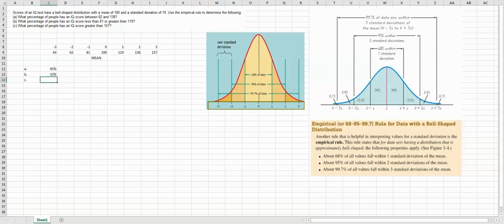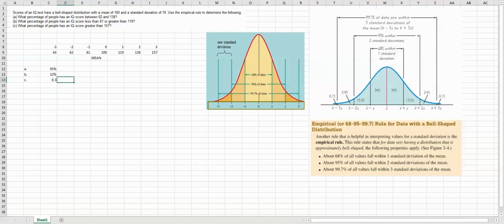All right, and then our third question: what percent of the data is greater than 157? If 3 standard deviations of the data account for 99.7%, then first let's subtract that from 100. 100 minus 99.7 gives me 0.3.